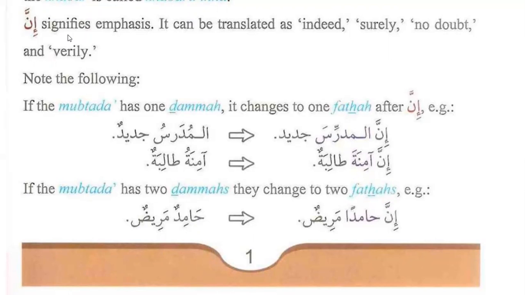E.g. innal mudarrisa jadidun. Al-mudarrisu jadidun become innal mudarrisa jadidun. Aminatu talibatun. Inna aminata talibatun. If the mubtada has two dhammah, they change to two fathah. E.g. Hamidun maridun. Inna hamidan maridun.